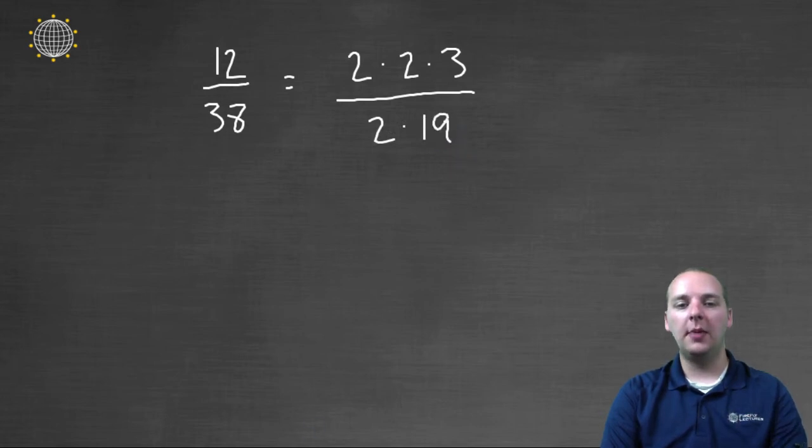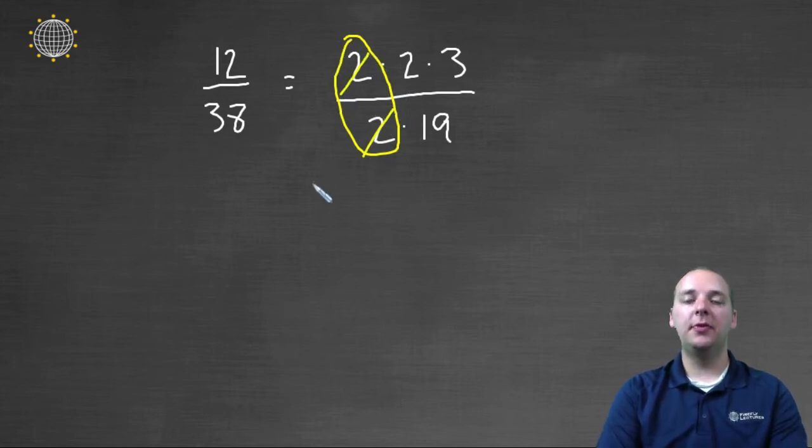So I'll look for any common factors. I've got a couple here. These can cancel. So the simplified or reduced way of writing 12 over 38 would be 6, that's 2 times 3, divided by 19. These no longer have any common factors because I canceled all the common factors, so there's really not much more that we can do at this point.